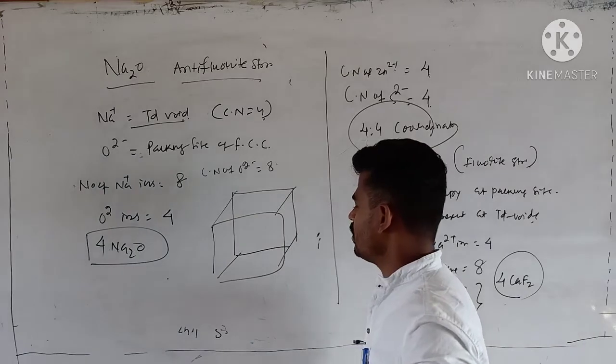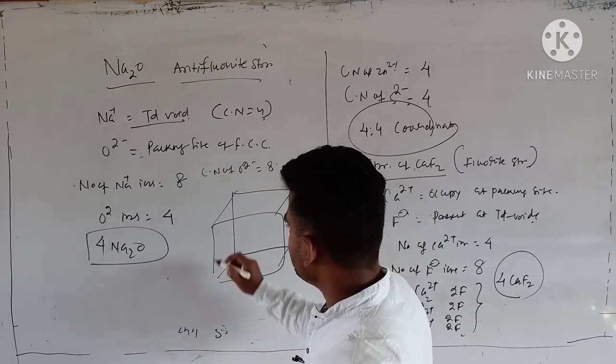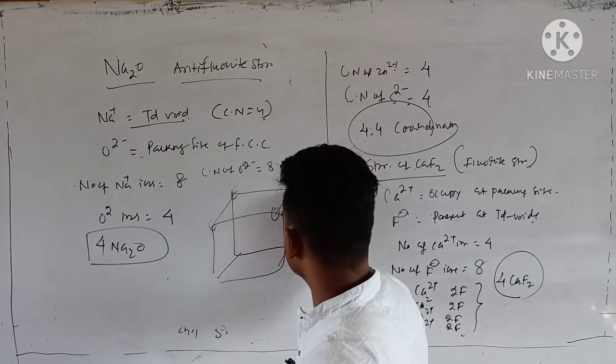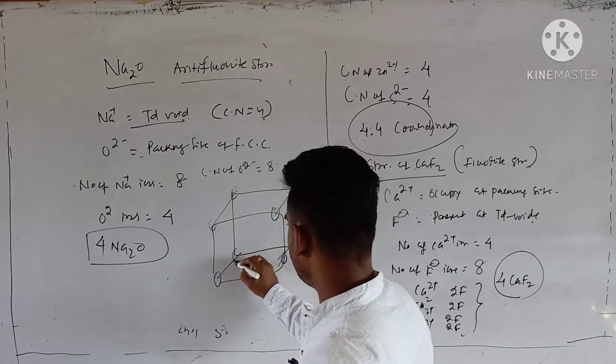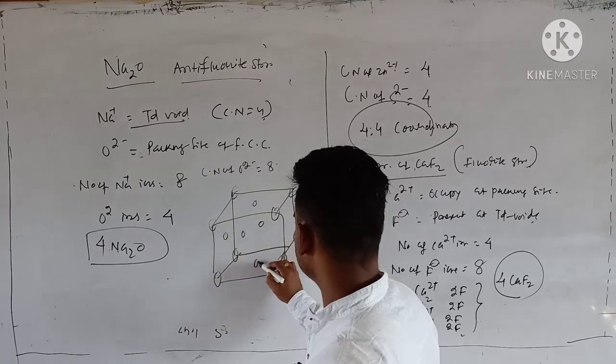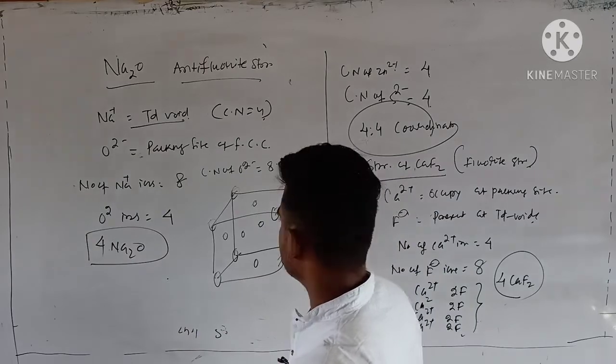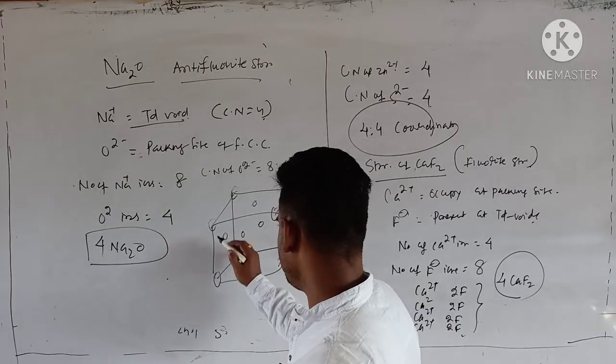This one is a cube, and O2- ions are present at the packing sites, the face centers, and Na+ ions are at tetrahedral voids.